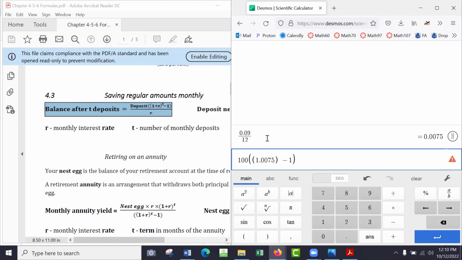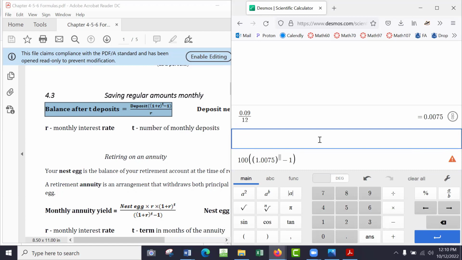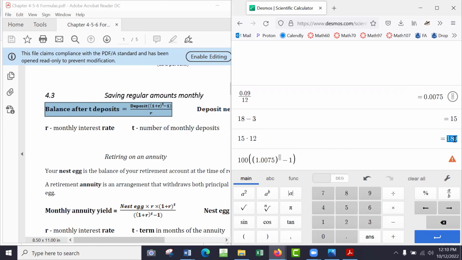And what's T? Well, it's the number of deposits. 18 years minus 3 years, that's 15 years where we're putting money into the account. And there's 12 months in the year, so 15 times 12. So we'll be depositing for 180 months, right?